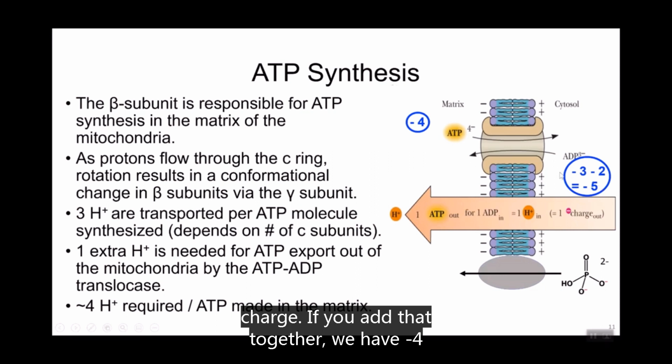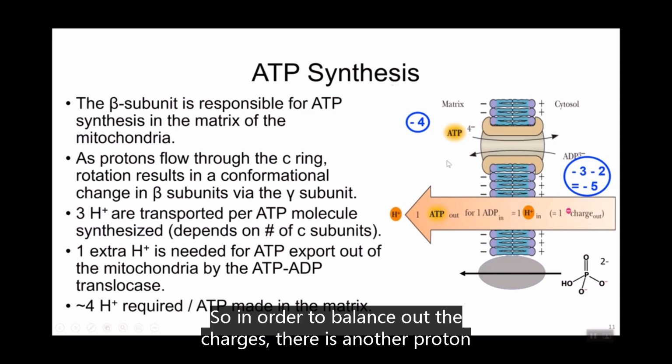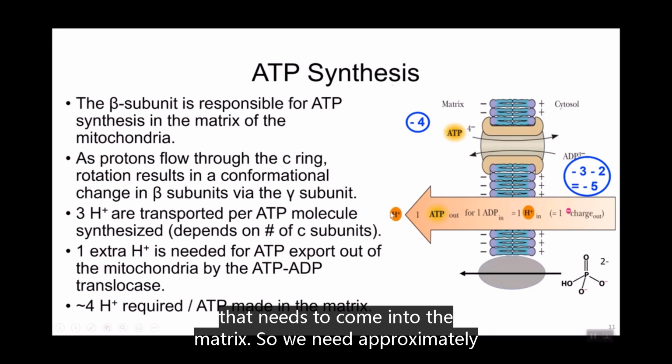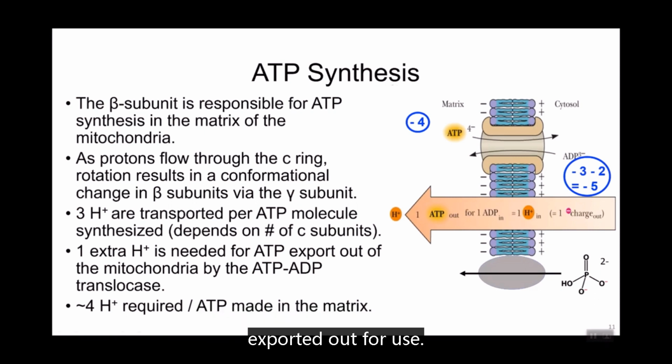If you add that together, we have -4 leaving the matrix while -5 is coming in. So in order to balance out the charges, there is another proton that needs to come into the matrix, so we need approximately 4 protons coming into the matrix for every ATP that's made and exported out for use.